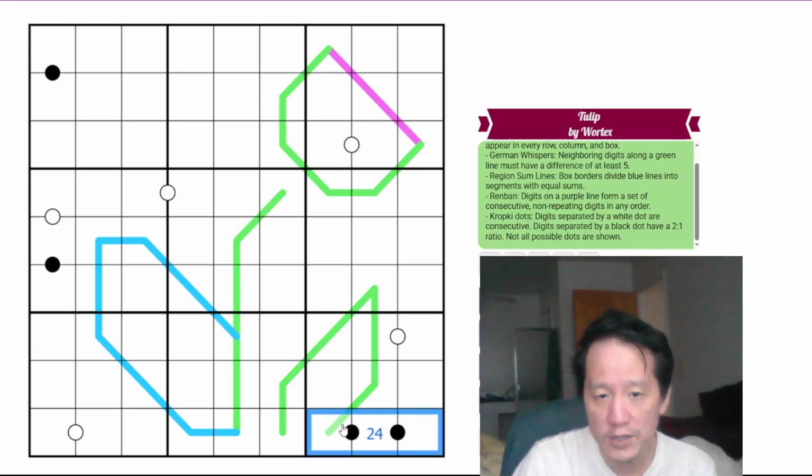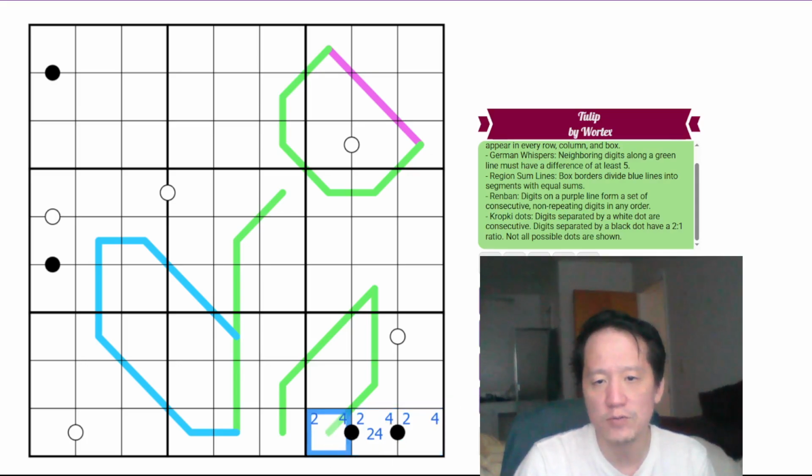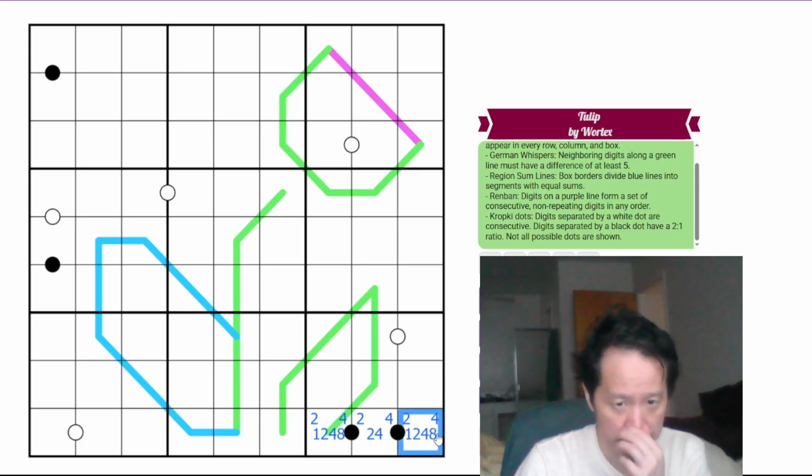Either way, in this row and in this box, you know the 2 and the 4 have to be in one of these 3 cells. So this is a 2, 4 either way, and this could be 1, 2, 4, or 8, and this could be 1, 2, 4, or 8.